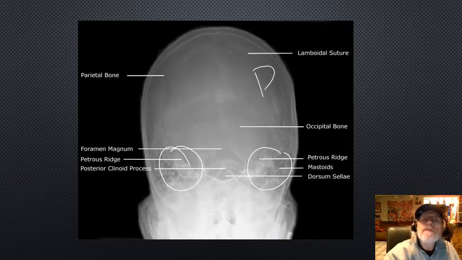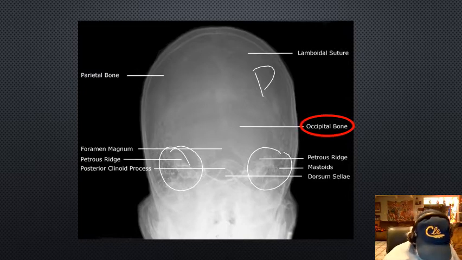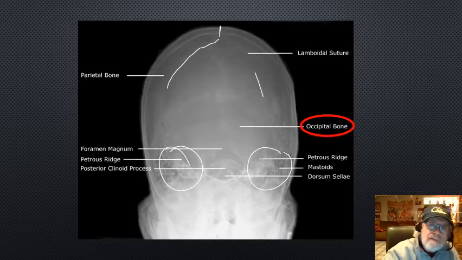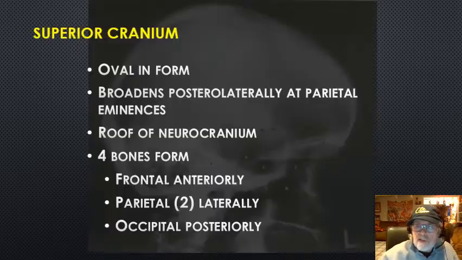Parietal bone, and that's the occipital bone. Actually, the head's pointing downwards. So here's the lambdoid suture. You can see a little bit of a sagittal suture right up there if you look really close. It depends on how close you want to look and how good your eyesight is.